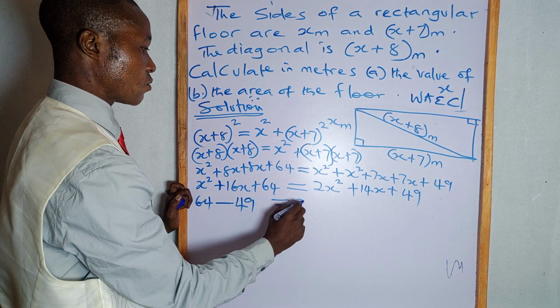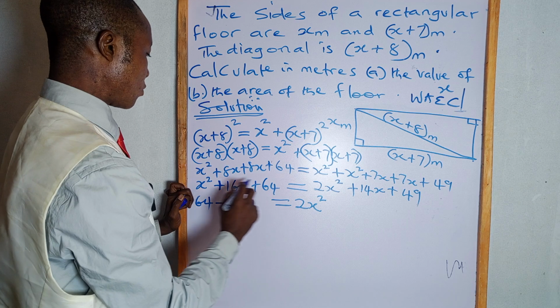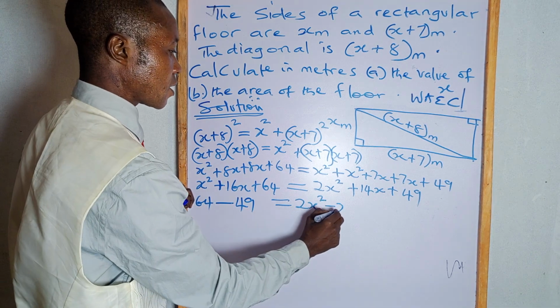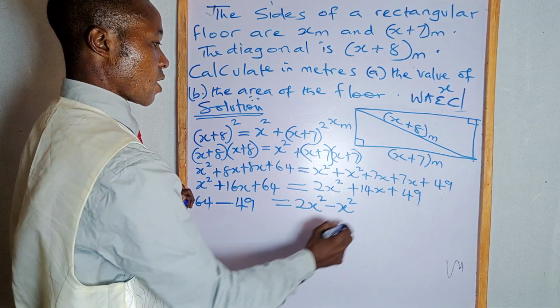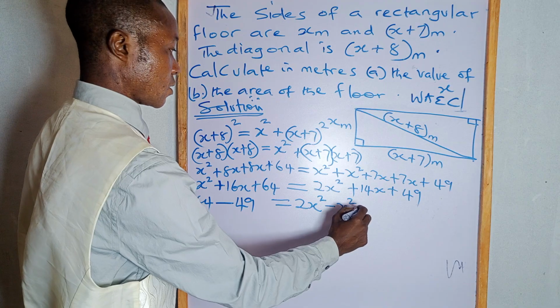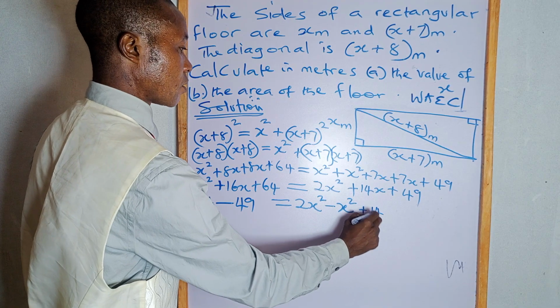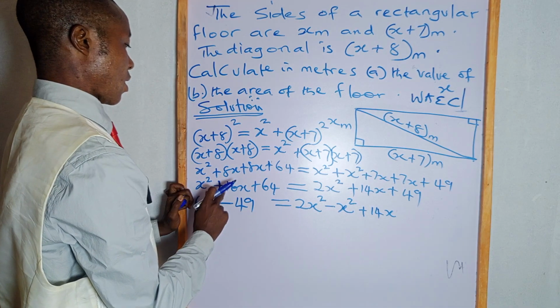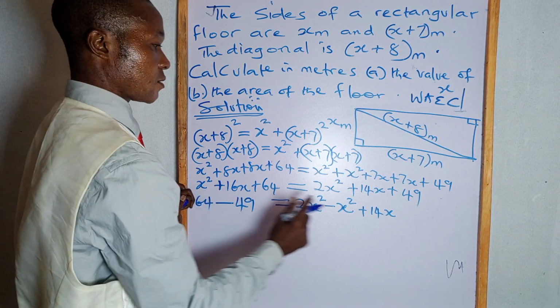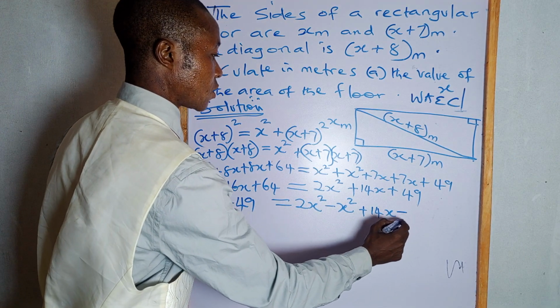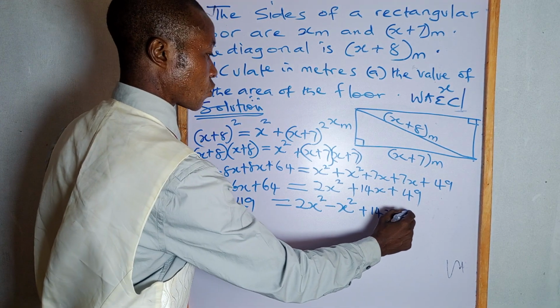Also 2x squared will be receiving x squared as his guest, and 14x will be advising 16x about the need to return home.